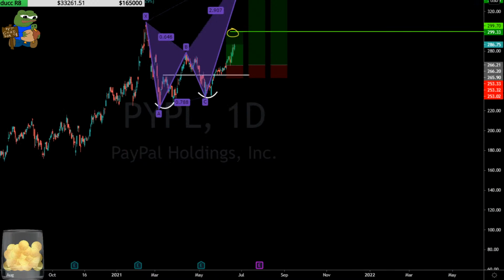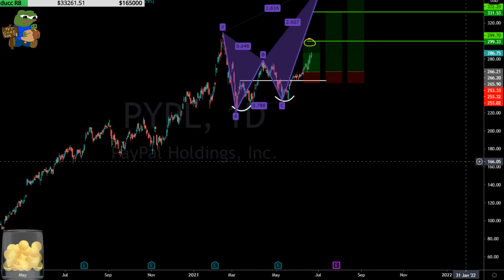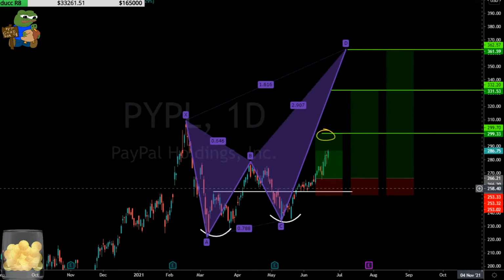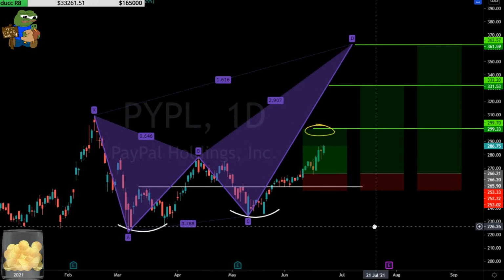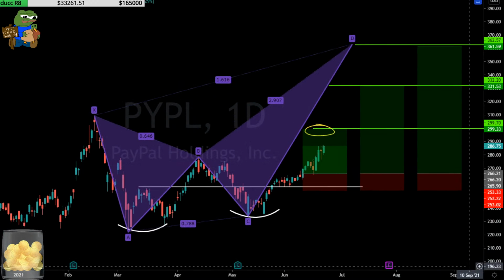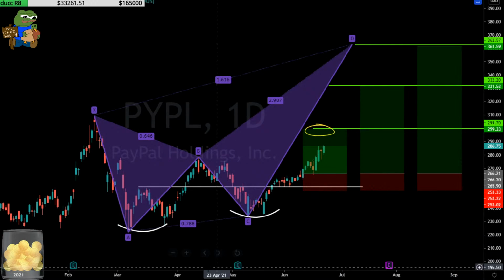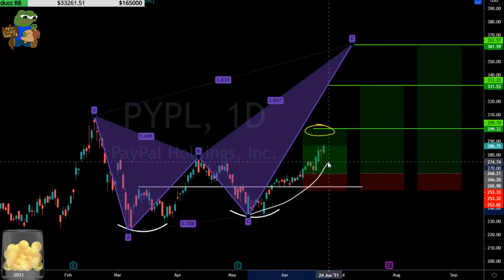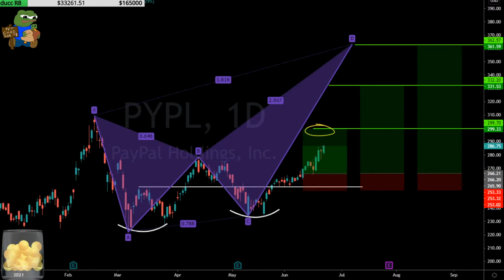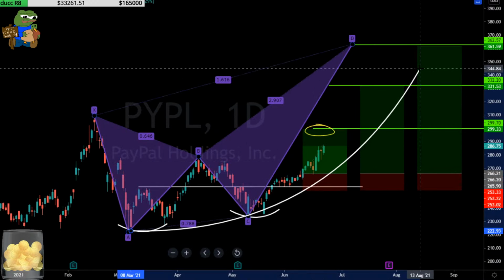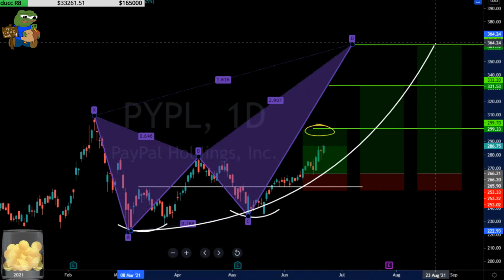So moving along, PayPal. PayPal daily. We're on the daily. Sorry, let me zoom in here. Okay, PayPal daily. Up another 1.3% on the day. Again, just continuing to rally, attempting to go a little vertical.